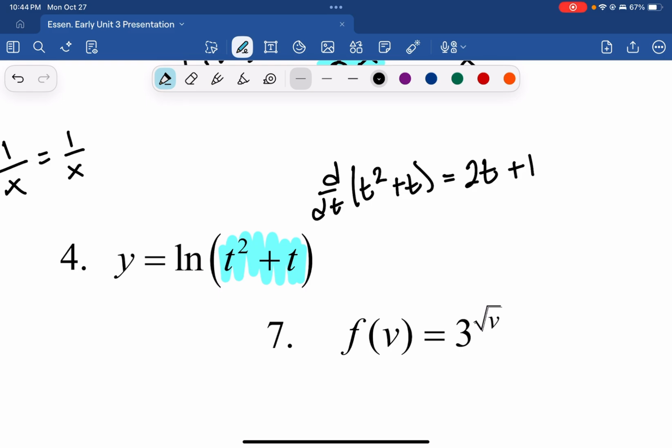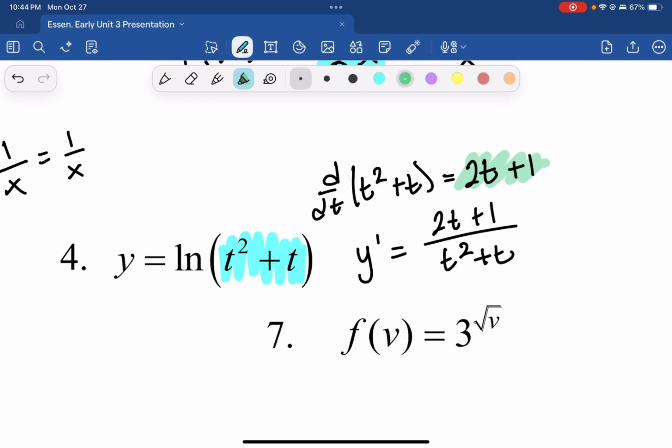So then go back to our function. y prime is going to be u prime over u. So the natural log of t squared plus t, its derivative is 2t plus 1 divided by t squared plus t.